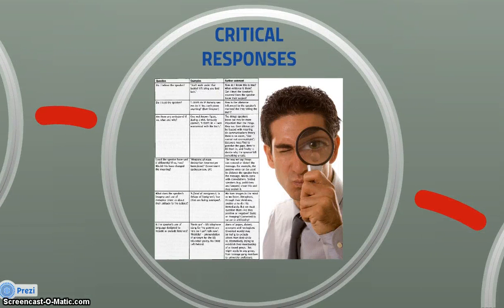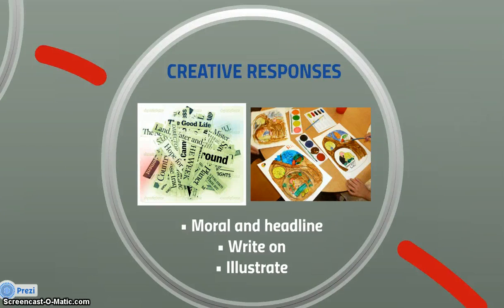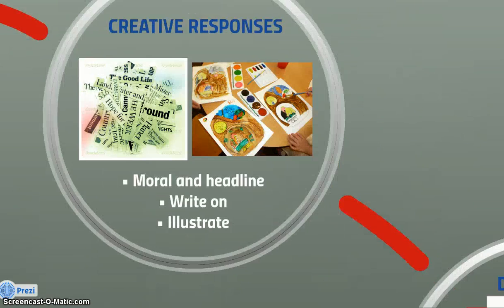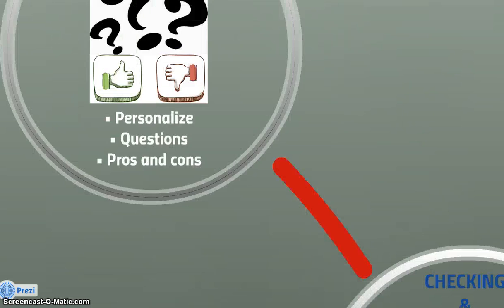Now, critical responses are also for learners who are more advanced, while creative responses are for students of every level. In any level, you can work with creative responses. And discussions will probably be more dynamic if your students are more fluent with the language.